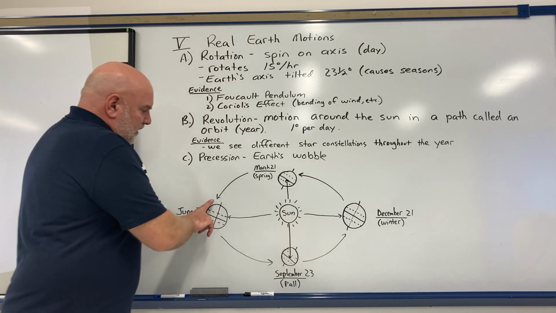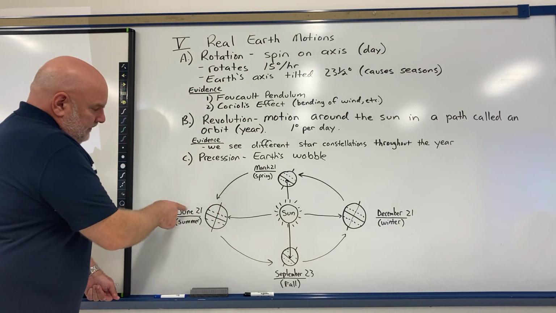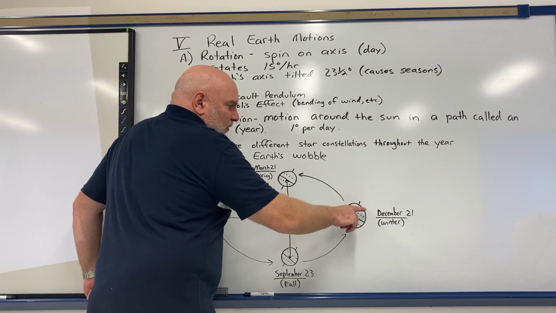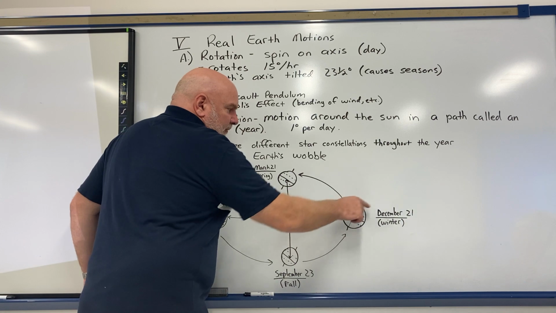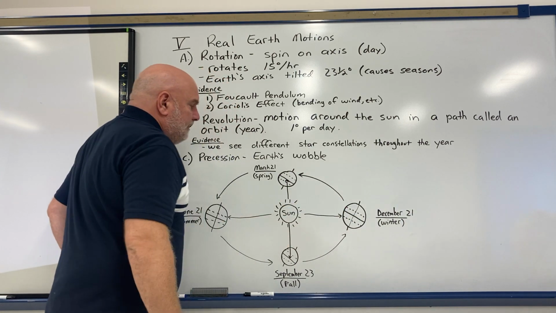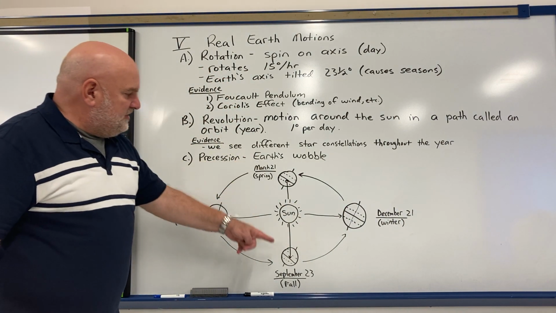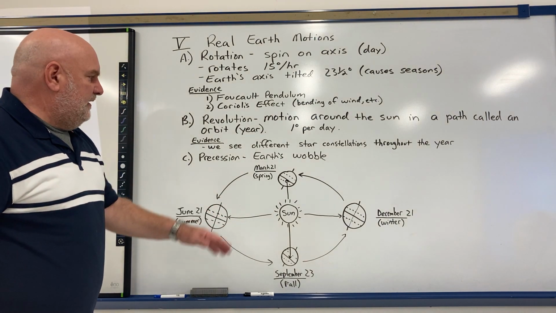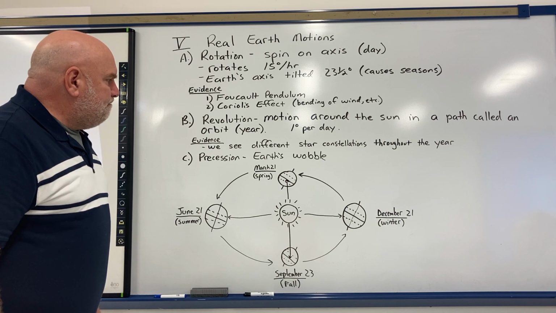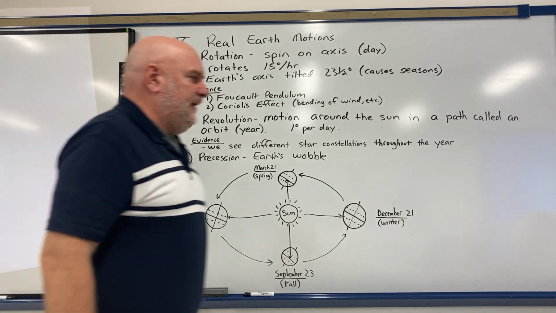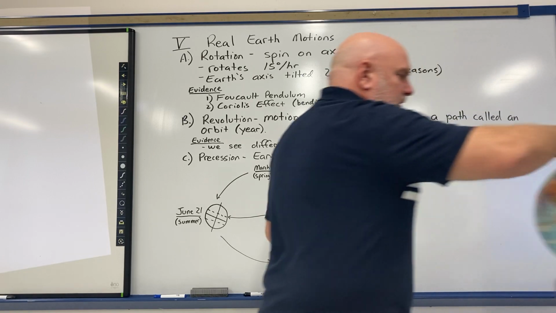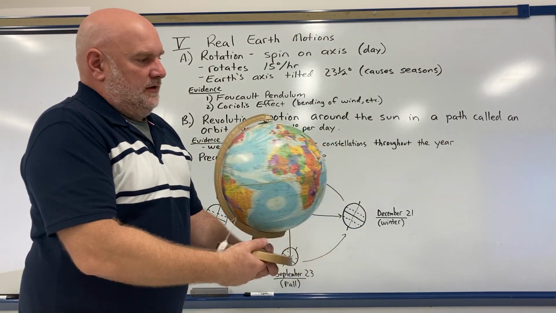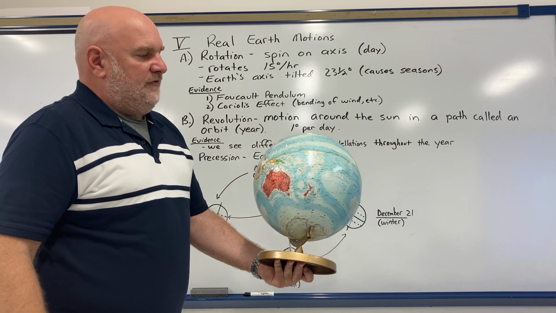So when the North Pole is tilted towards the sun, it's June 21st, summer for us. When the North Pole is tilted away from the sun, it's December 21st, and for us, it's wintertime. Now, in March and spring, this is kind of hard to draw in a two-dimensional diagram. The Earth's axis is still tilted, but it's not tilted towards the sun, and it's not tilted away from the sun.